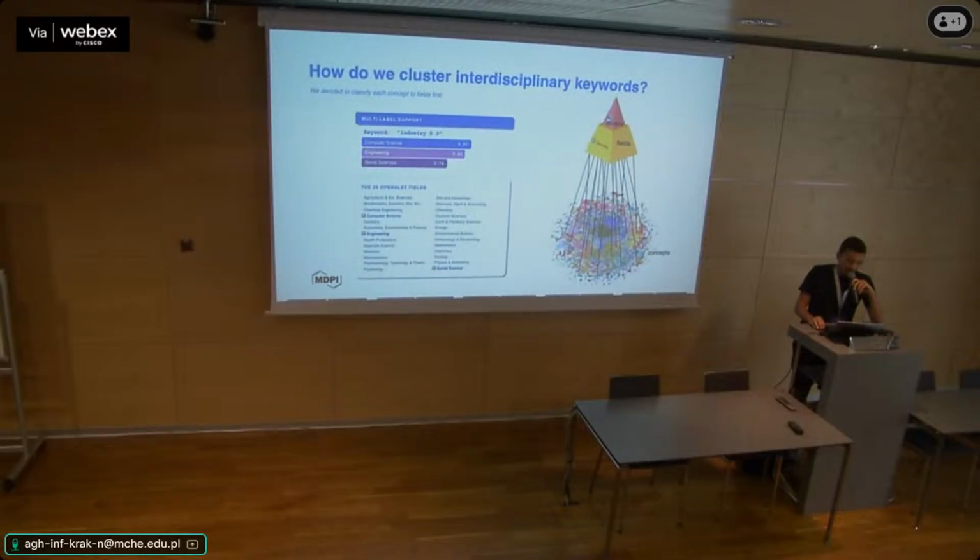And after this, how can we go more in detail? What we did was, of course, asking many questions, and we decided to classify each concept to a field first.